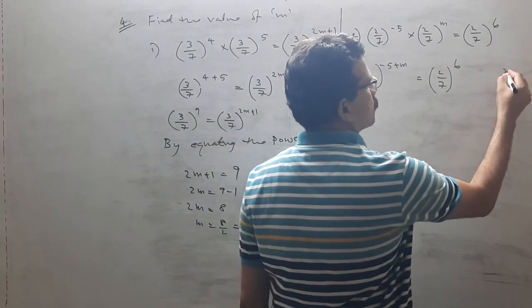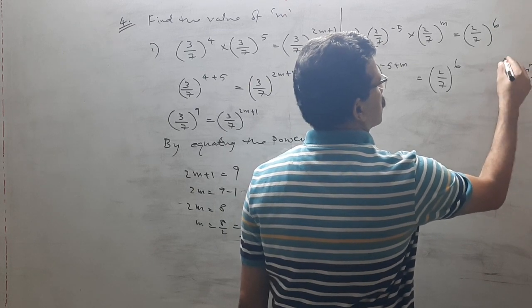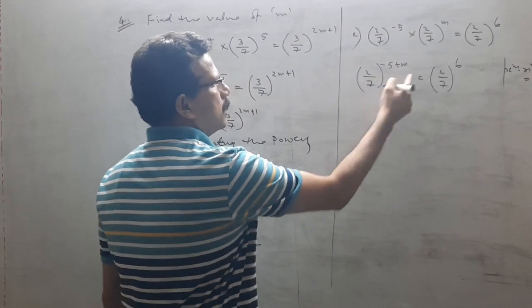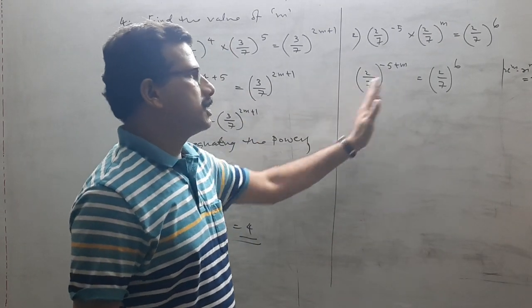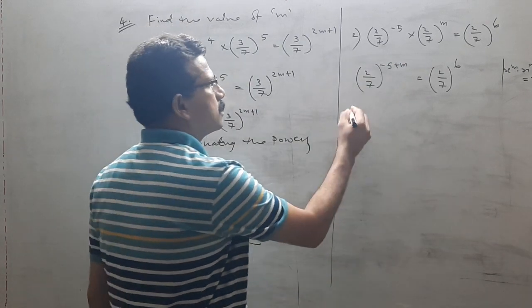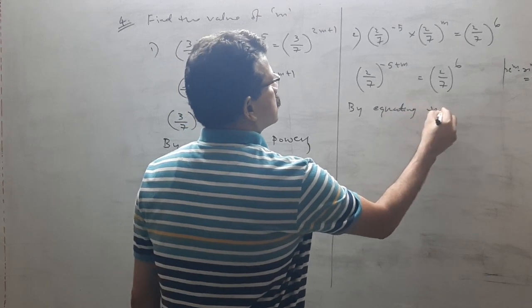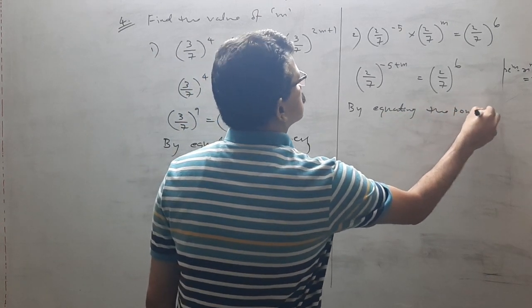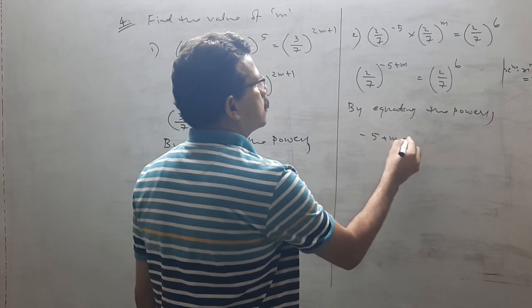X to the power m plus m. Rule applied down. Now addition is not possible because it is a variable. Left equal to right, base is same, so we can equate the power. By equating the power, we can say minus 5 plus m equal to 6.